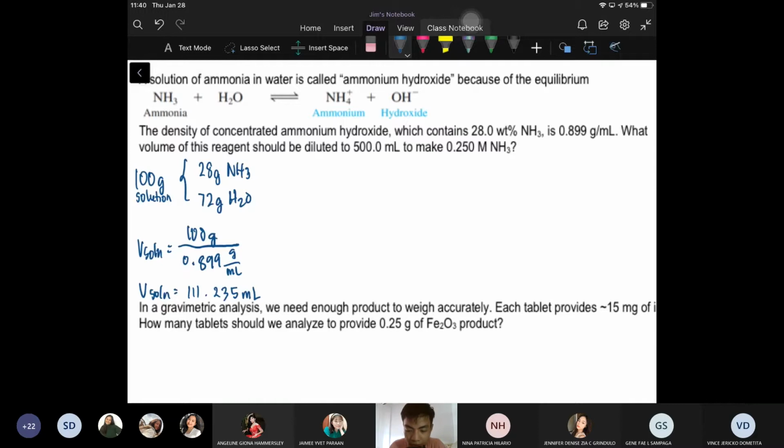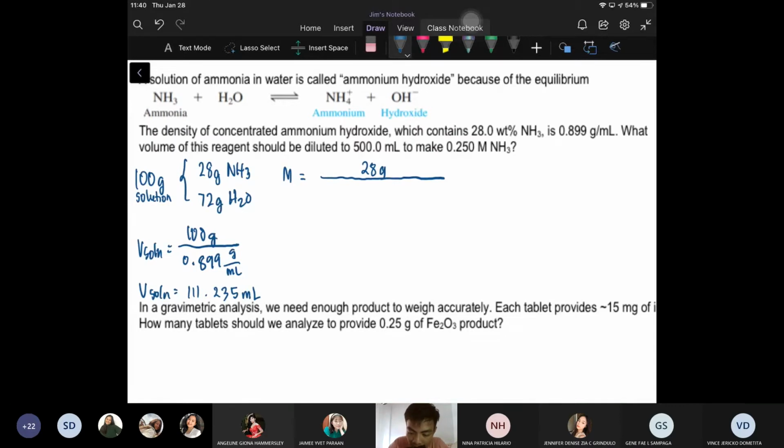Then, we solve for the molarity. No? Molarity. So, molarity is mass ng ammonia over molar mass ng ammonia. Tingin tayo sa periodic table. Hindi ko kabisado. 14.007, ammonia, 1.008 times 3.